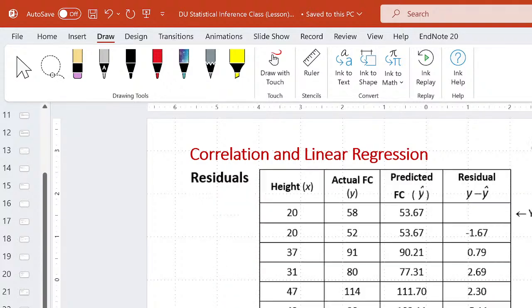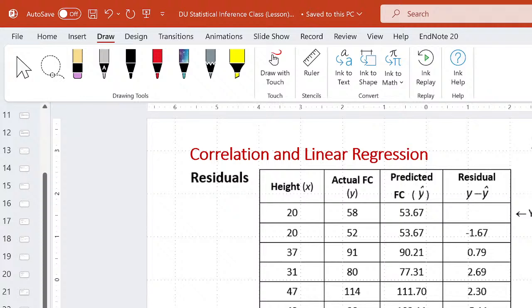Number of rail cars, actual fuel consumption, predicted fuel consumption, and now the residual. I used the model to get all of these, and then I went this minus this is this. This minus this is this.